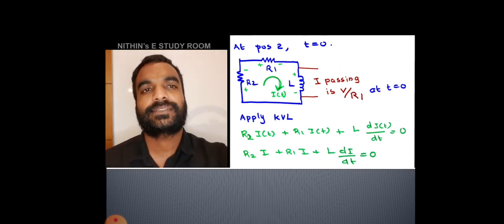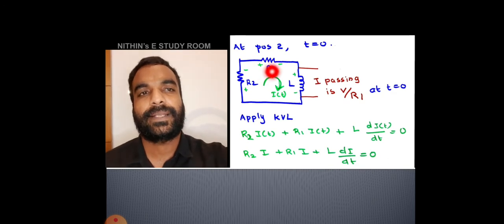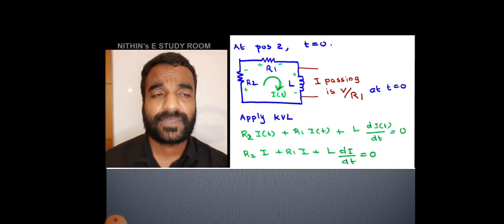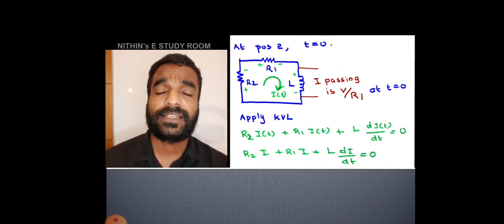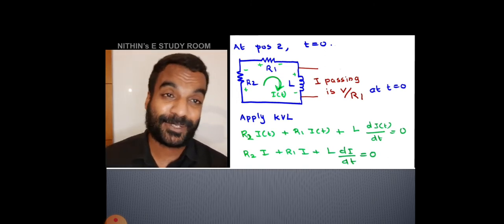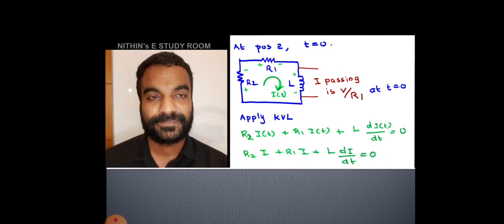So plus and minus terminal polarities are marked based on the current direction: plus here, minus here, plus here, minus here, plus here, minus here. So a current is passing through the inductor at t equal to 0, and the value of that current is the current which was already present in the circuit, that is V by R1.